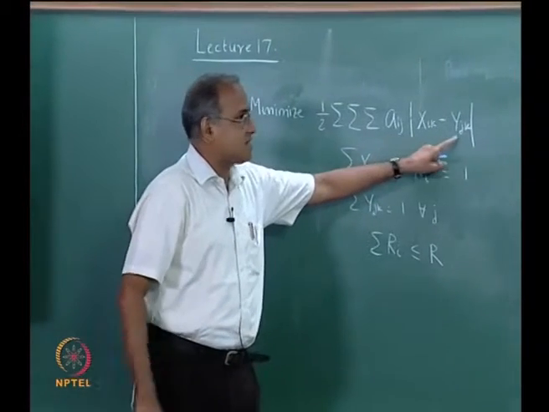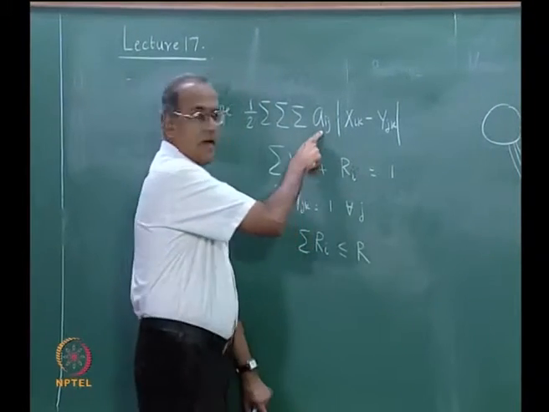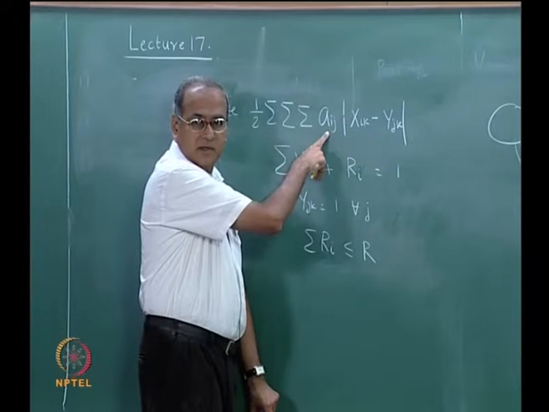Machine number 6 requires 3 plus 4, 7 parts. There are 7 parts for machine number 6. Therefore, there are 7 places where a_ij is going to be 1.